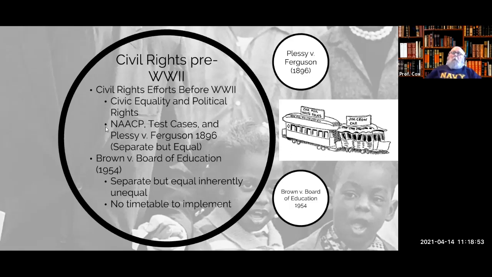And among these groups was the formation of a new group called the NAACP, or the National Association for the Advancement of Colored People, which is still a very powerful organization today. And they employed a strategy of litigation, the idea being that they would sue in federal court.